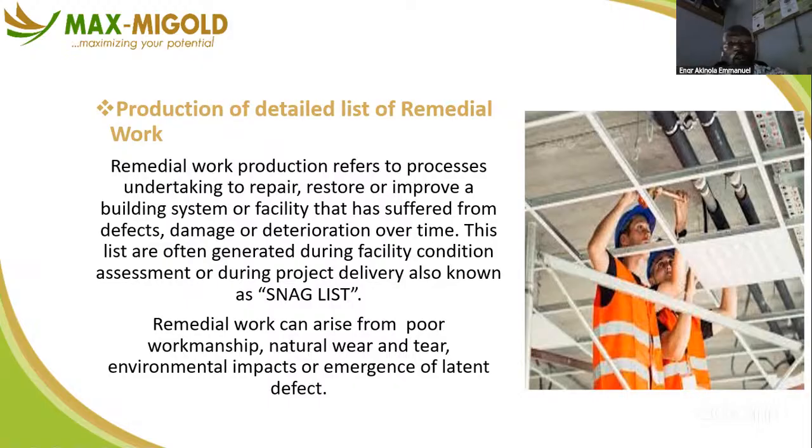When a construction work is completed and the contractor comes back to the owner of the property to say we have completed the work, it now takes the project manager, the facility manager, the owner of the property, the architect, the QS, and all the necessary team to go for what we call a comprehensive assessment.